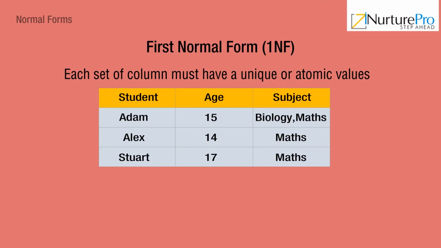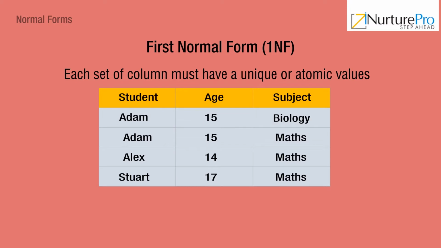This shows that the student table is not in first normal form because the subject column for Adam contains 2 values. However, the rule of first normal form says that each attribute of a table must have a single value. To bring the student table to first normal form, we have to place biology and maths into 2 separate rows. Hence, we can say that the student table is in first normal form.